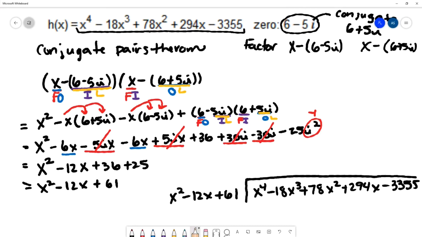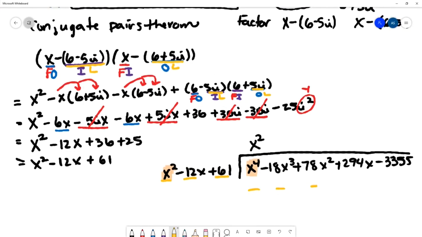All right, so I start with this x squared, try to match those leading terms. X squared times x squared will give me x to the fourth. I'm going to multiply that x squared times all three of these terms and write it down here. So x squared times x squared is x to the fourth.